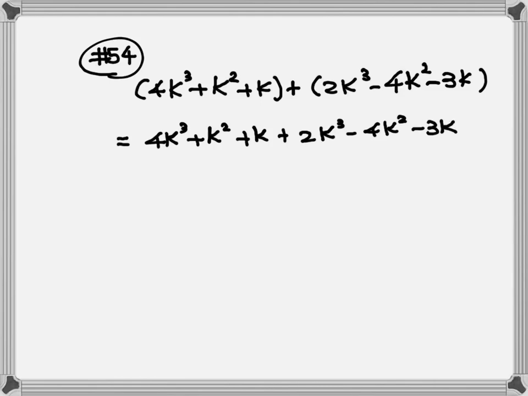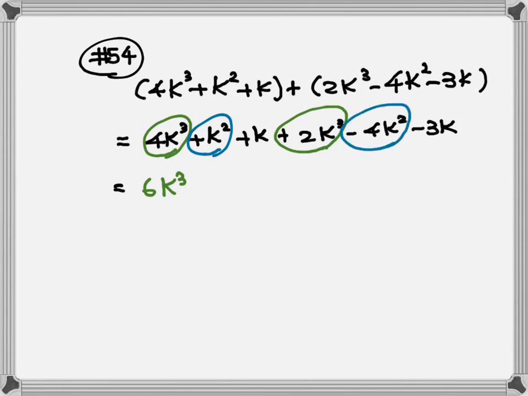After that, we're going to combine the like terms. So here we have 4k to the third power with 2k to the third power. So 4 plus 2 gives me a 6. I'm going to keep k to the third power. The next, here I have k squared, the minus 4k squared.